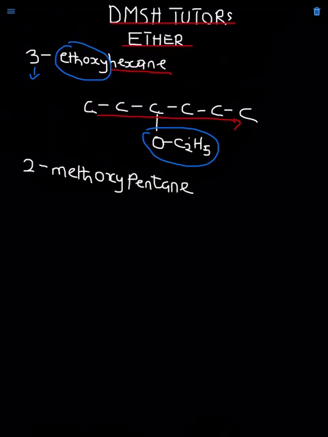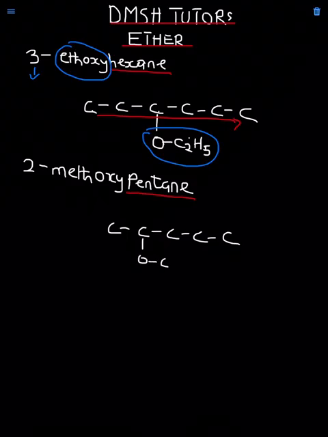You start from the parent's name, then you draw the parent out. That's pentane, 5 carbons: 1, 2, 3, 4, 5. Then you go to carbon 2 and put methoxy there. So this is carbon 2. Then put methoxy there. So this is 2-methoxypentane. This is methoxy and this is pentane. So this is very simple to draw.